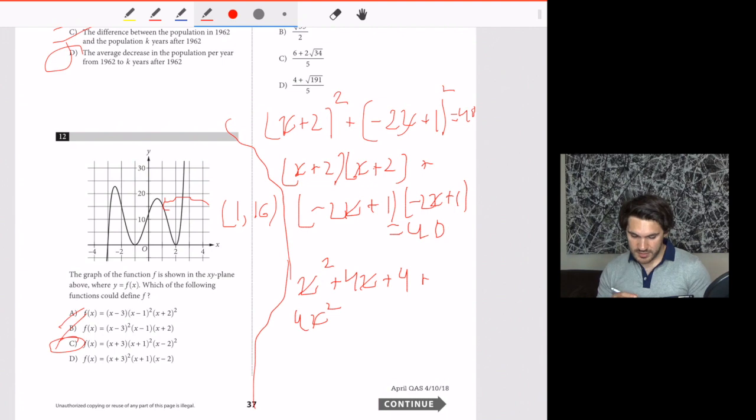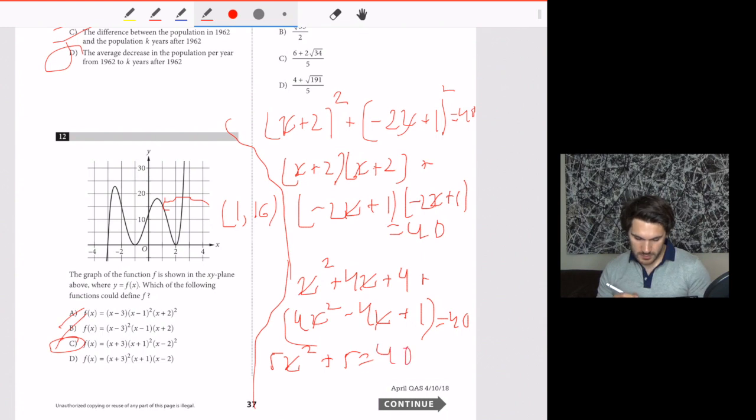And then minus 2x is minus 4x. And then plus 1. And this part's going to be all in parentheses. Equals 40. So then x squared plus 4x squared is 5x squared. 4x minus 4x is 0. 4 plus 1 is 5.